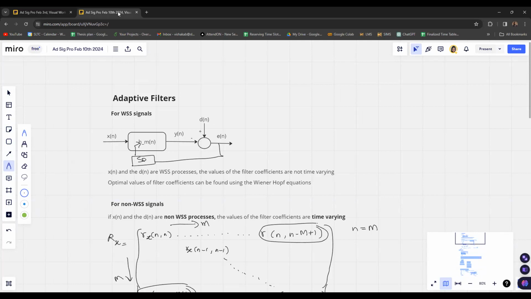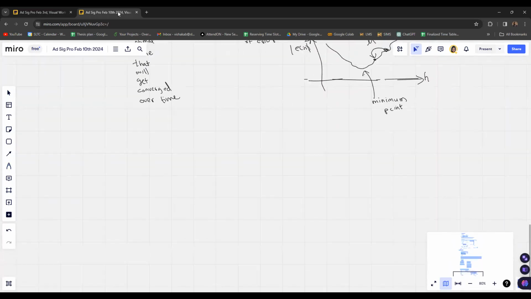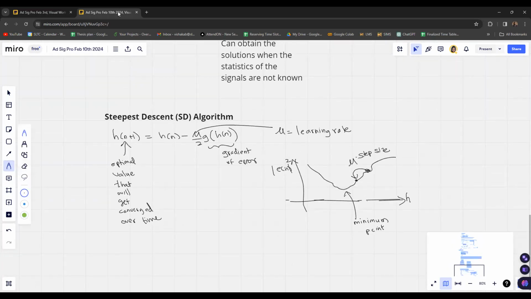The value of the filter coefficient that we are updating into this is known as h(n+1). The one that we are giving as output is h(n+1). The previous one, which was already there in the filter, is h(n). So this is the previous filter coefficient, and this one is the adaptive.